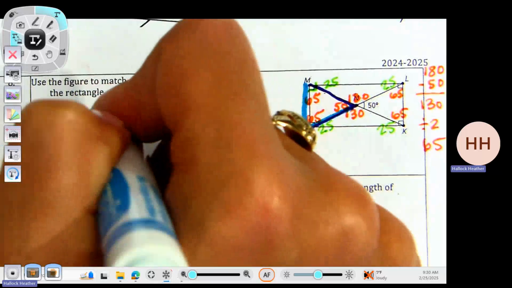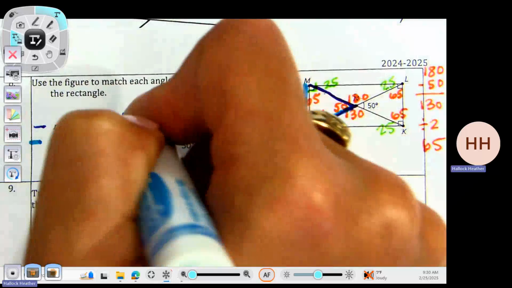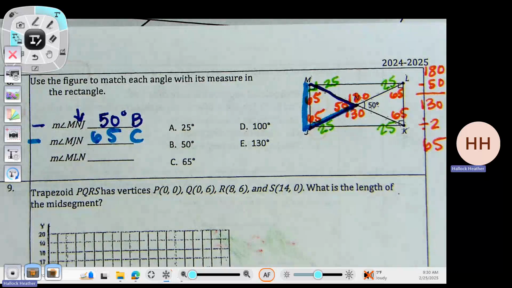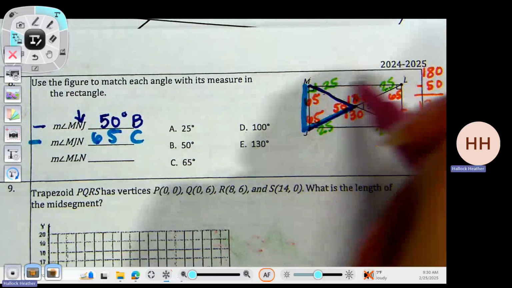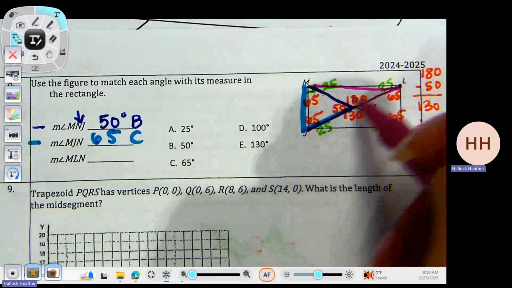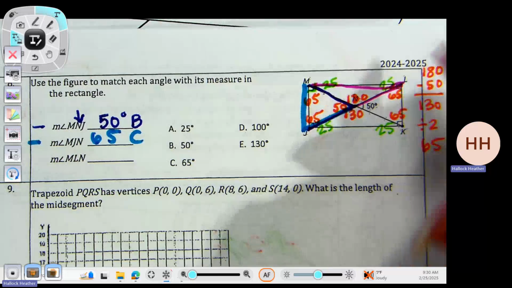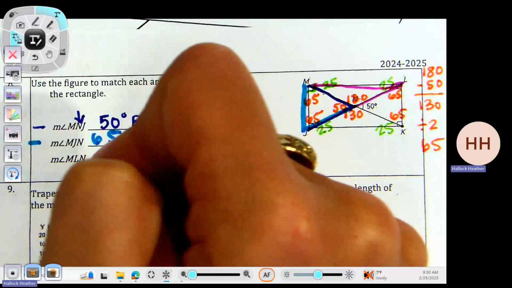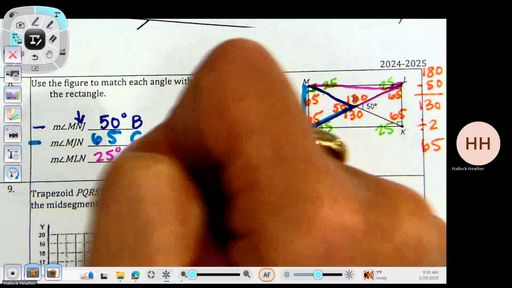So this one's 65, which is C. And the last one is going to be MLN, which cuts in, which is this little angle right here, which is 25 degrees, which is A.